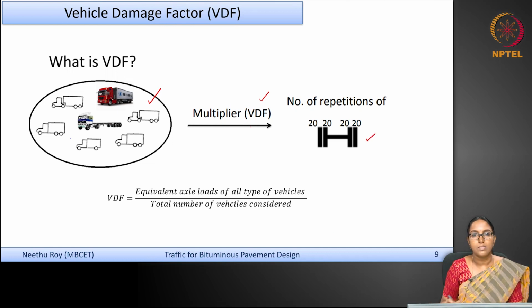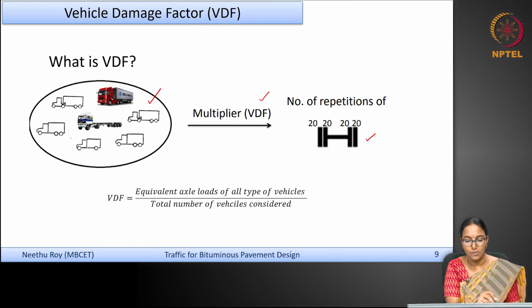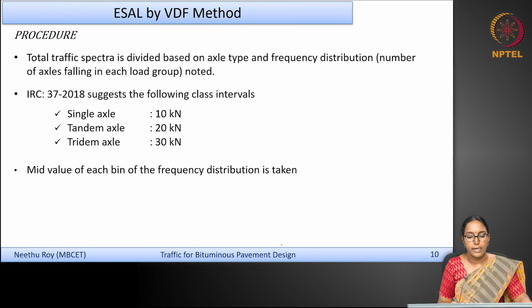To get this one multiplier, the vehicle damage factor, you find out the equivalent axle loads corresponding to all the axle loads of all the vehicles in the stream, then sum it up and divide by the total number of vehicles considered, which will give you one vehicle damage factor for the entire stream together. Okay. Now let's see how to calculate it.